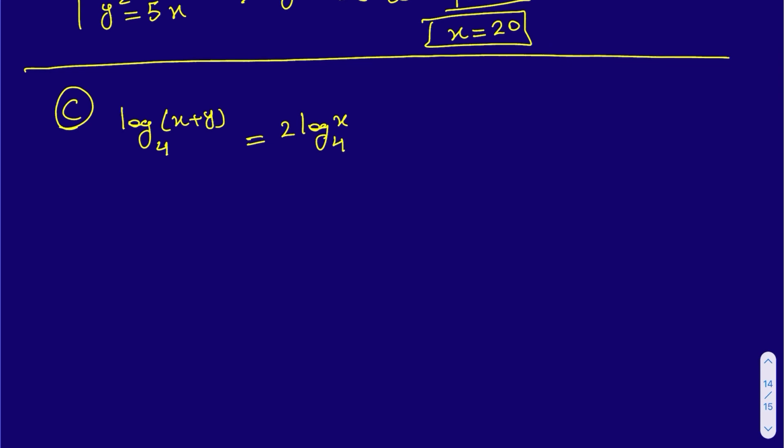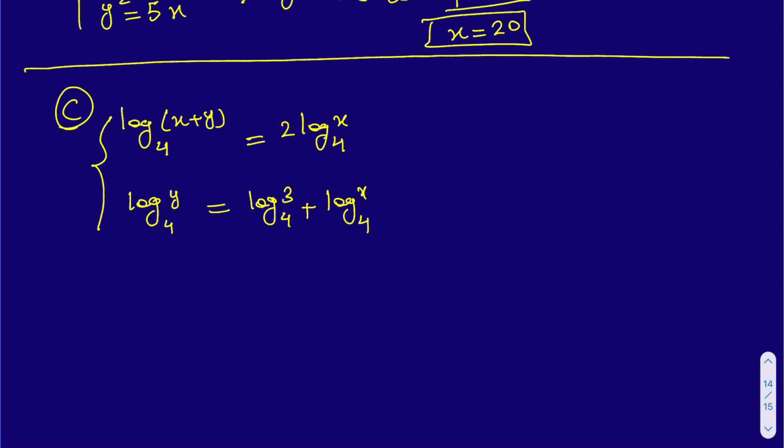And also log y to base 4 is equal to log 3 to base 4 plus log x to base 4. So remember, here we are supposed to find the value of x and y.